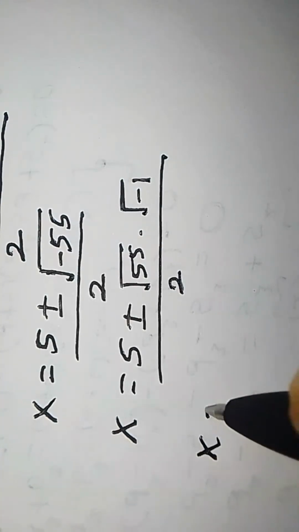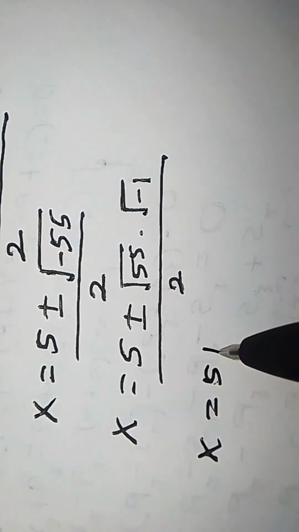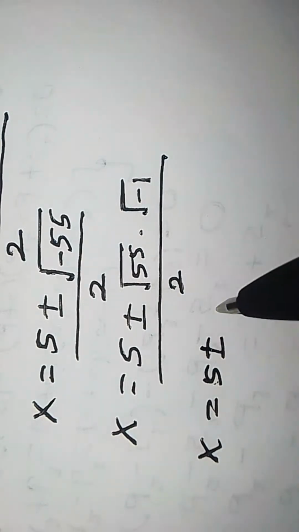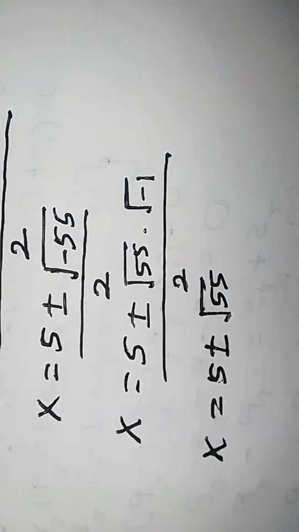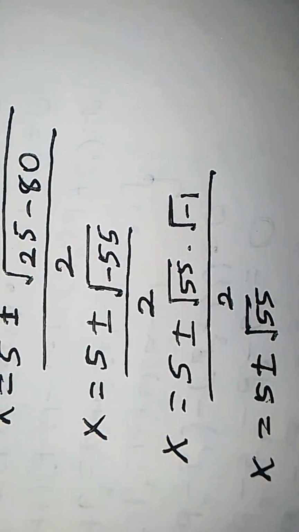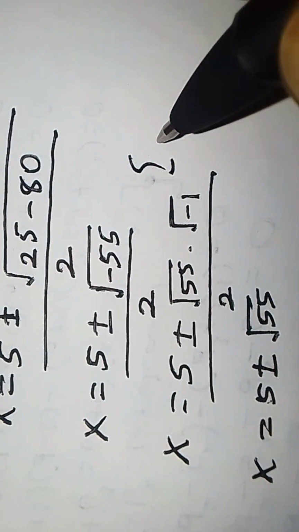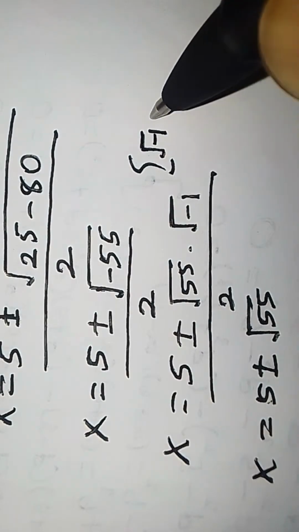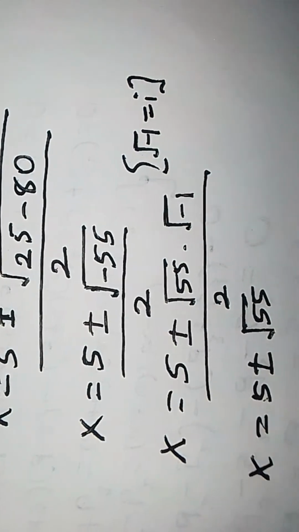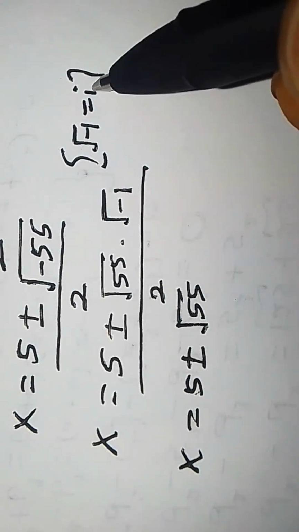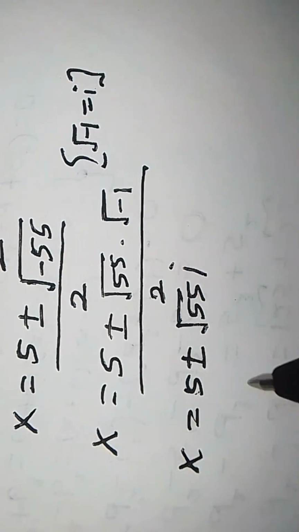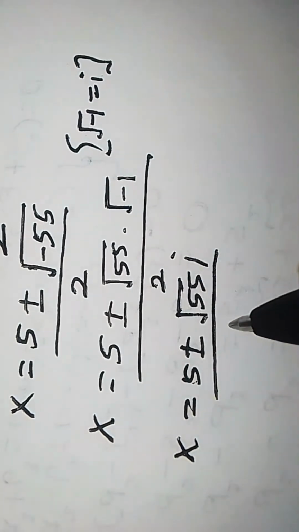So, x equal to 5 plus or minus square root of 55 times square root of minus 1. But recall that from the complex number, we know that square root of negative 1 is equal to i. So we have to replace this square root of minus 1 with i. So we have i here, all divided by 2.